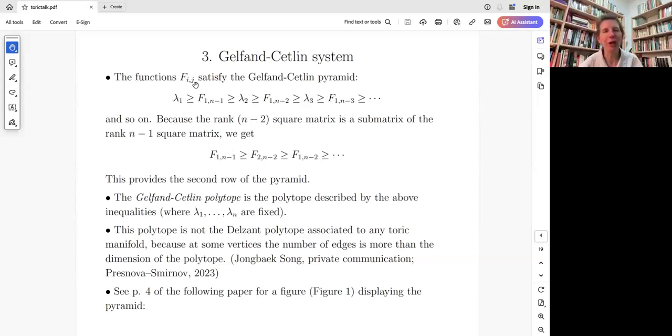And then we get the same sequence of inequalities, but with the f1 n minus 1 replaced by f2 n minus 2. So these are interleaved between f1 n minus 1 and f1 n minus 2, which play the same role as the lambda 1, lambda 2 from the point of view of this submatrix. And this provides the second row of this pyramid.